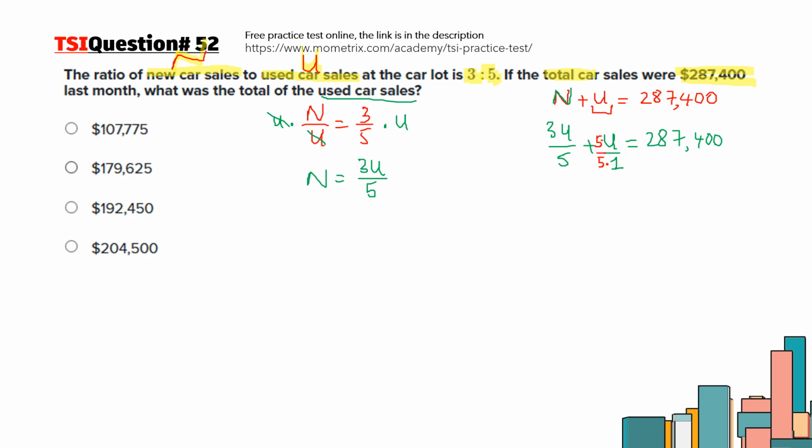So we have 3U plus 5U on the top over the common denominator 5, equal to 287,400. Then we have 8U at the top over 5 equal to 287,400.